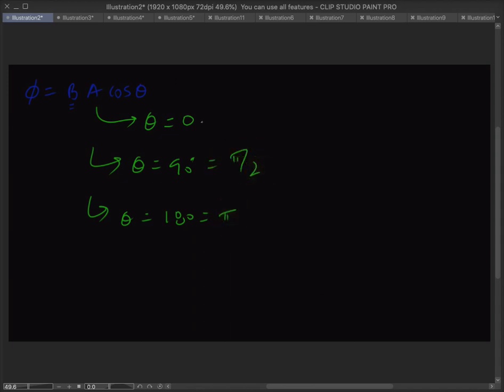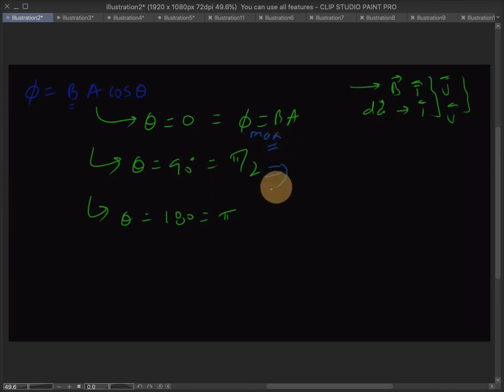If I am saying that theta equals 0, it means that my magnetic field, let's say B, and my area dA are both in the same direction, either i, then this area must be in the i, or either j and it is also in the j. Same is the case. So my flux phi is equal to BA. So this flux is called the maximum flux.